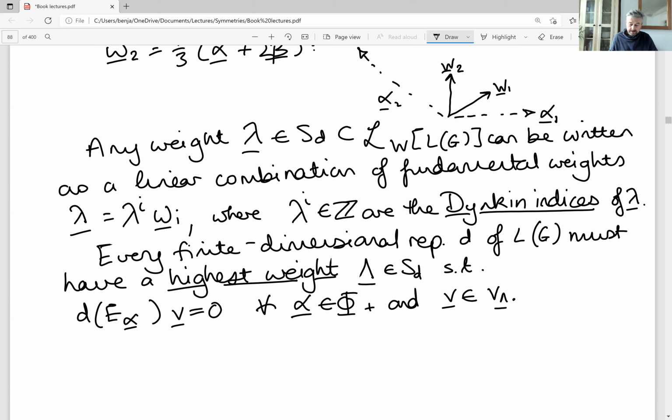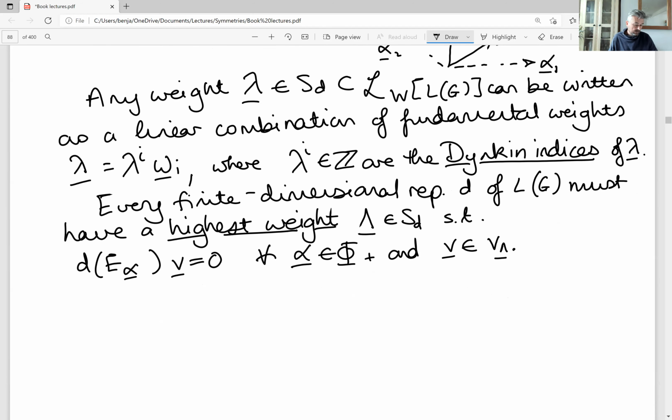Now, there is this theorem called the theorem of the highest weight. There are going to be a couple of theorems and lemmas which crop up that we can't prove now. Some of them are quite involved and require learning about other things, like Verma modules, and we don't have time to do that. So I'm just going to quote you a result from the theorem of the highest weight.